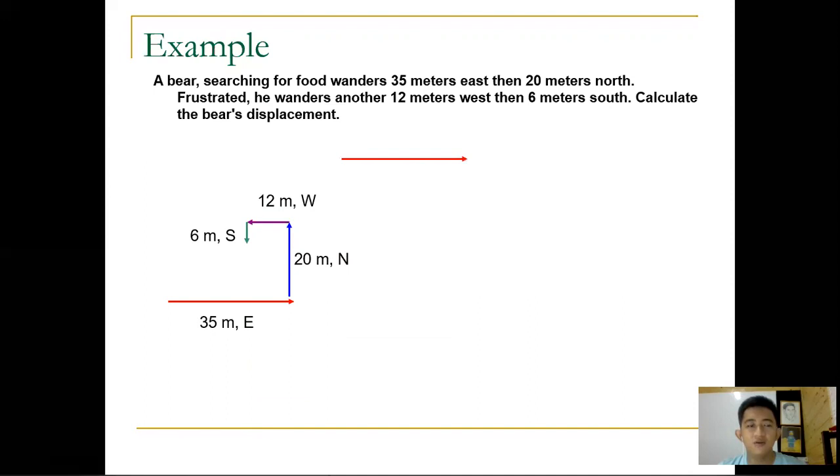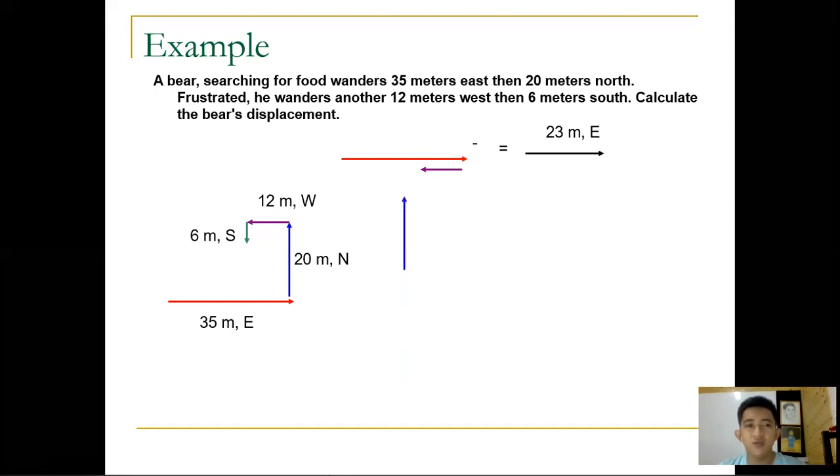So here, we need to first add all the horizontal components. So we have 35 minus 12, which is equal to 23 meters east. Now we add all vectors lying on the vertical axis.